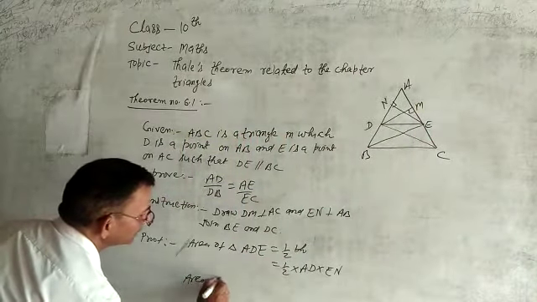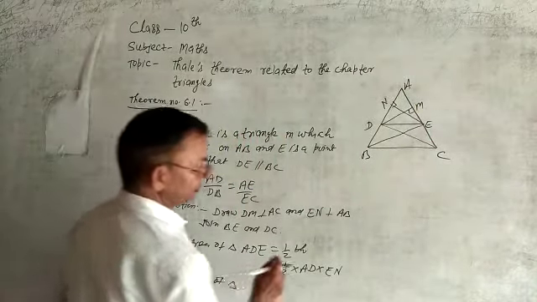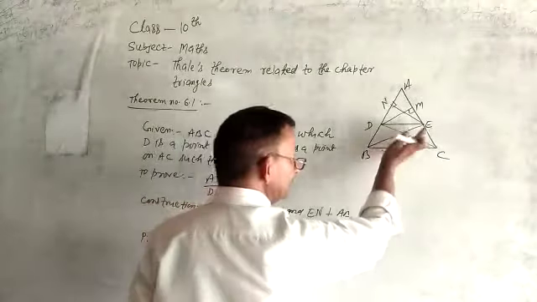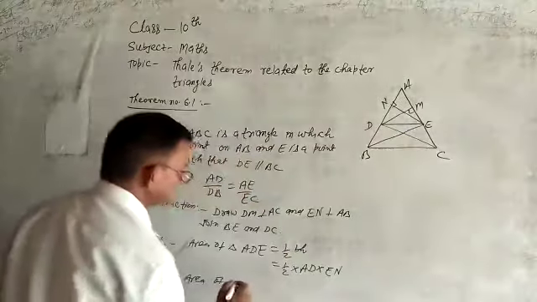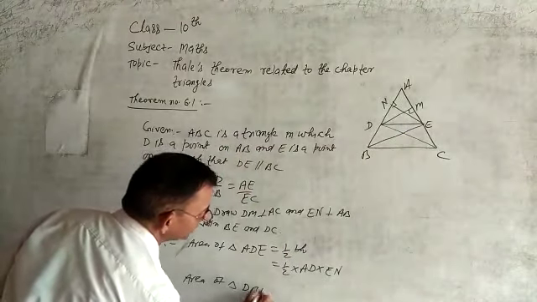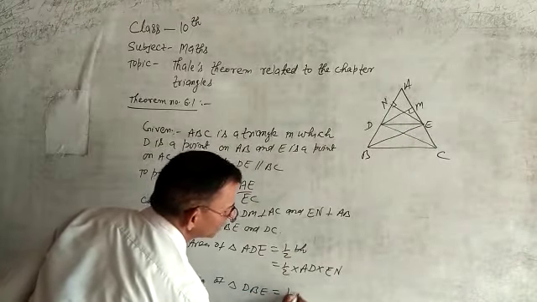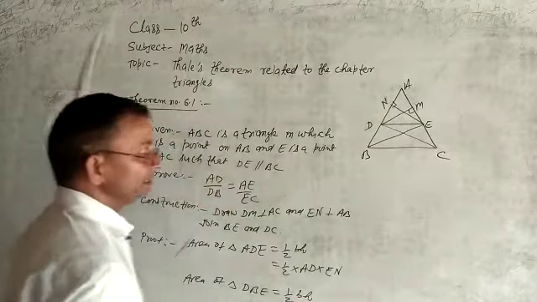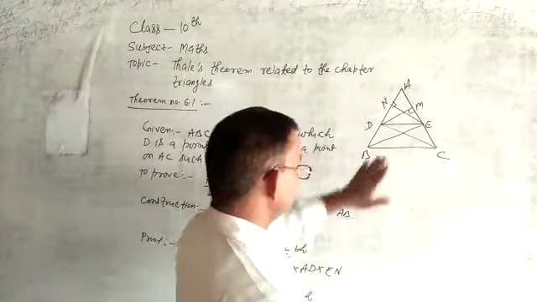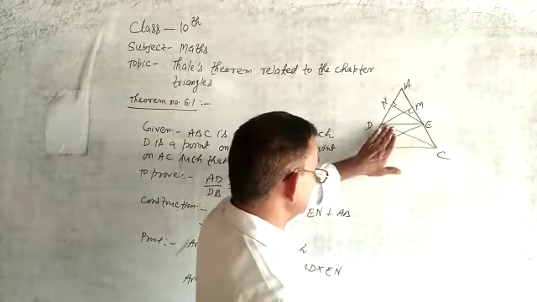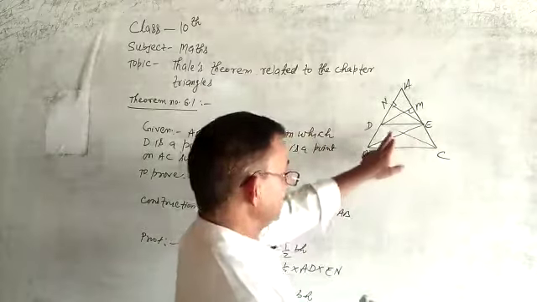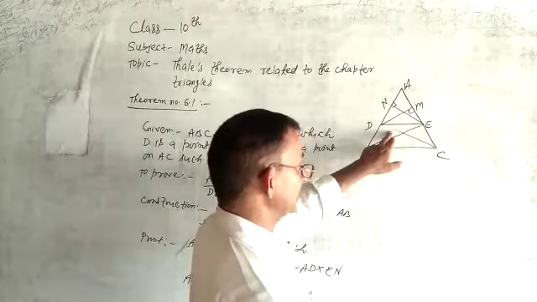Area of triangle DBE is equal to 1 by 2 base into height. Here this triangle DBE is an obtuse angle triangle.